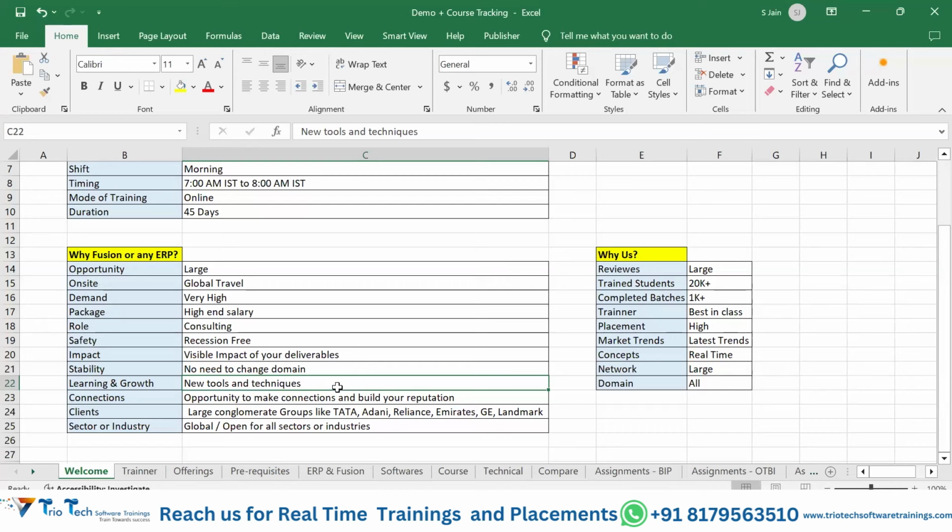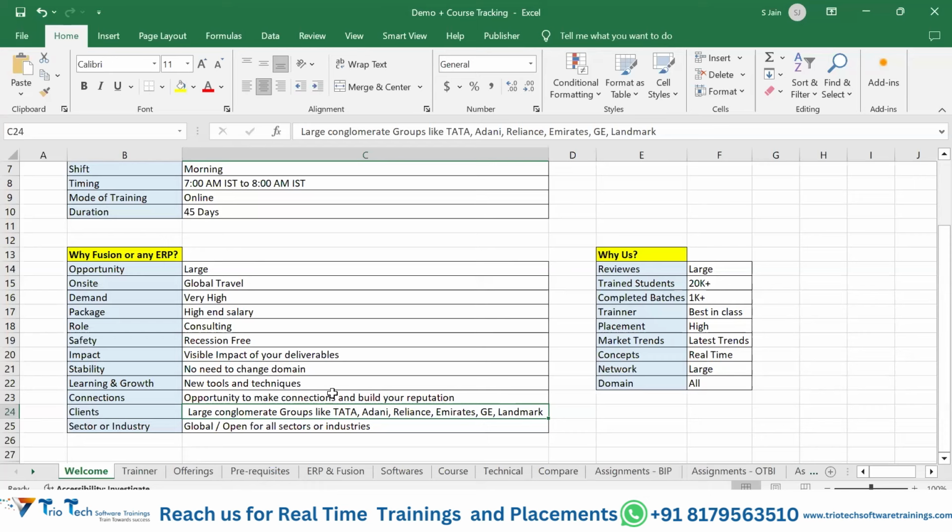In addition to that, Oracle Fusion is a very costly tool. It is not something that any organization will be using; it is only bigger organizations.